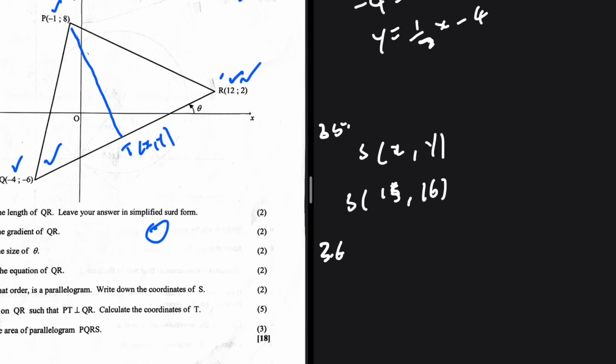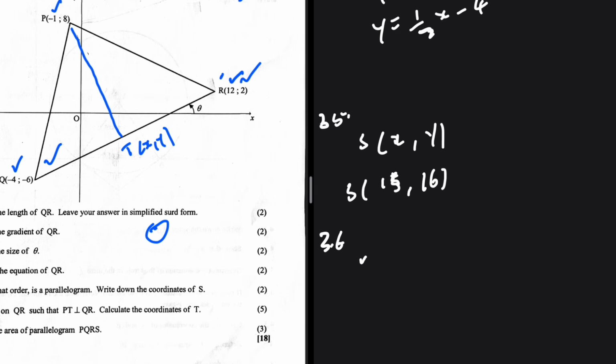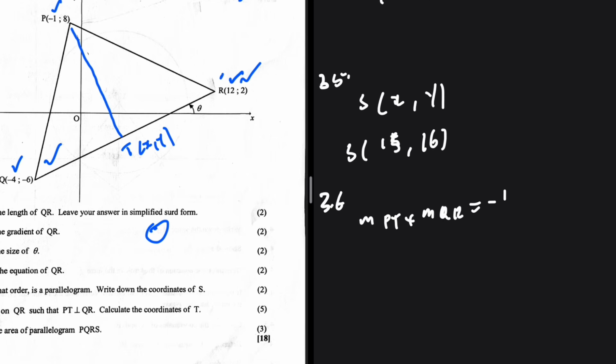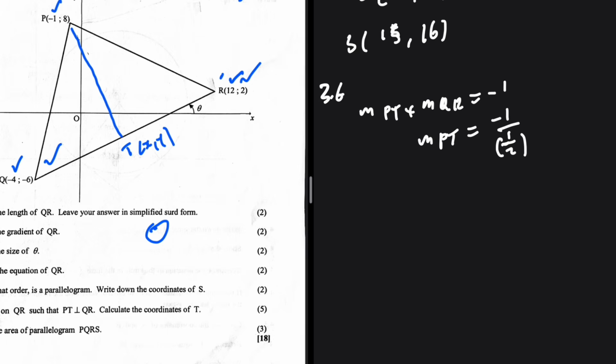Right, so the gradient of PT multiplied by the gradient of QR is minus 1 because they're perpendicular to each other. So the gradient of PT will be equal to minus 1 divided by 1 over 2, the gradient of QR. So the gradient of PT is minus 2.